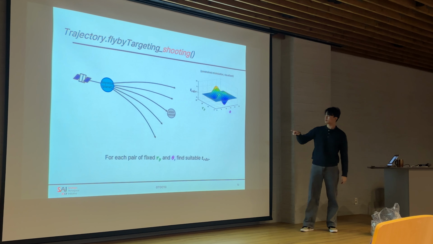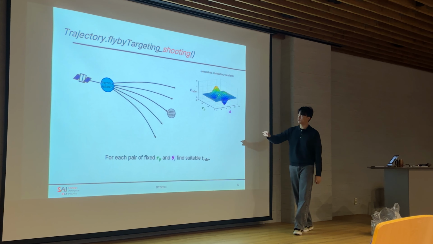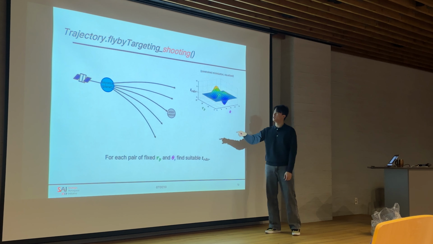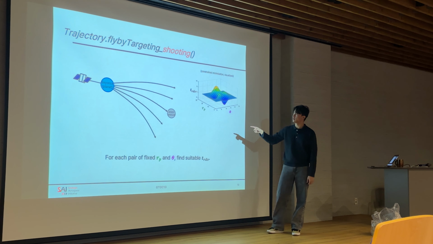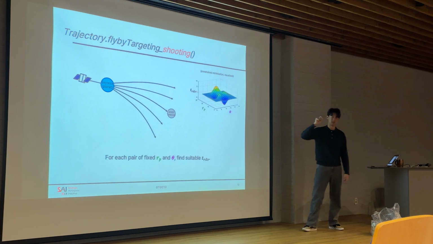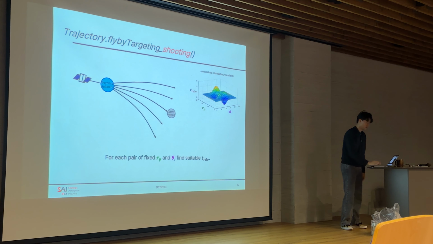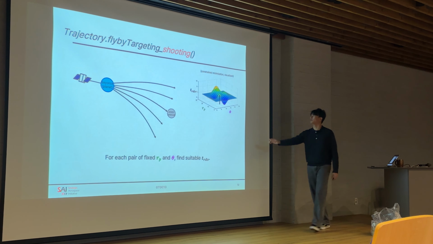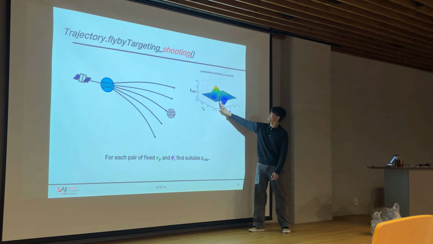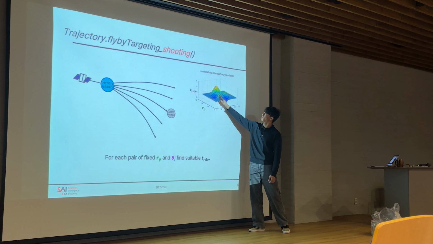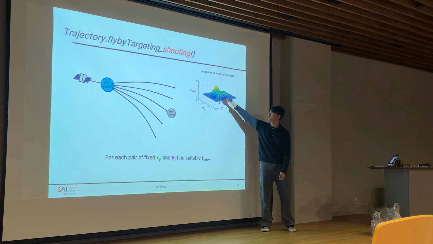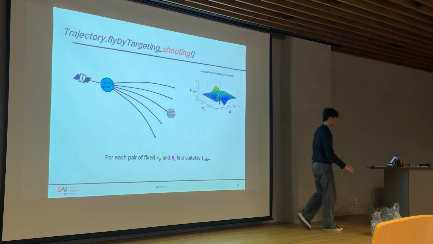So if you choose an RP and theta, that is the flyby geometry, you'd be fixing the arc, and there becomes a T rendezvous determined. And if you again visualize it in the 3D space, you might be choosing a point in this plane and finding the corresponding point in the surface, and looking at the minimizing distance here.